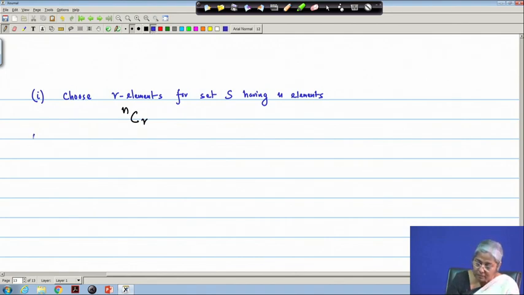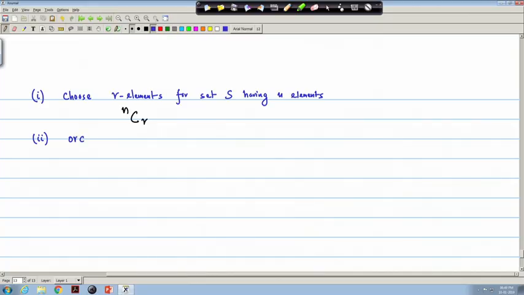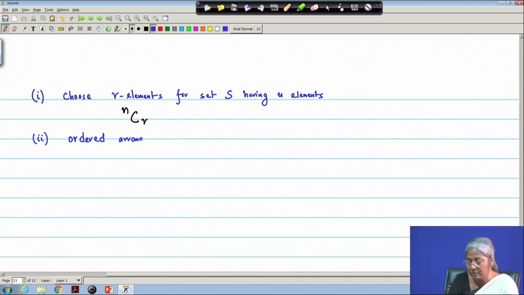And the second step, arrange, is an ordered arrangement in some order, which is my permutation. According to the definition, that is nothing but P(n,r).